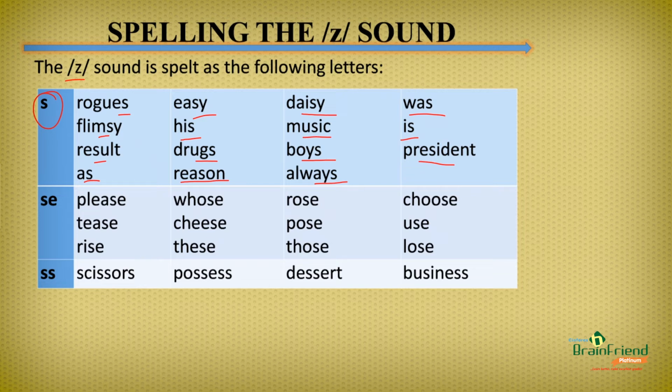And it is spelled as the letters SE in words like please, tease, rise, woos, cheese, these, rose, pose, those, chose, use, lose. It is also spelled as the letters SS in words like Caesars, possess, desert, and business.